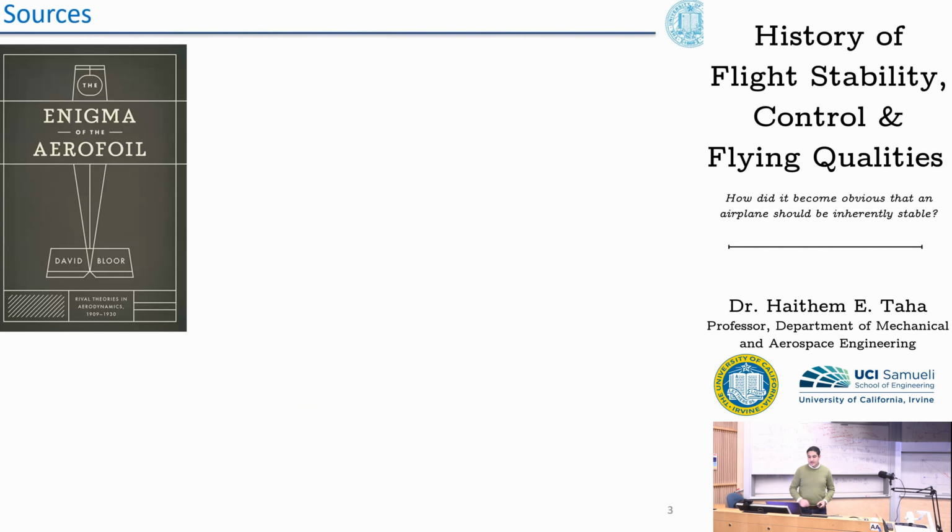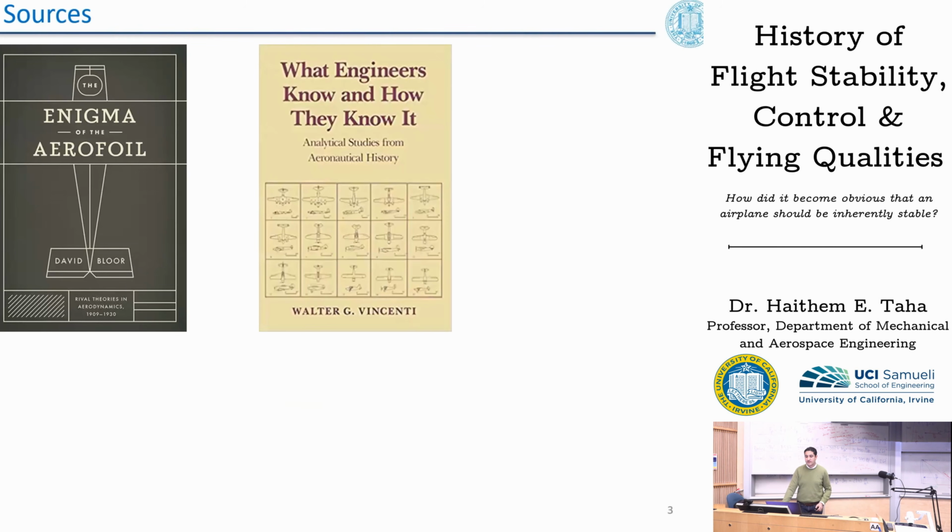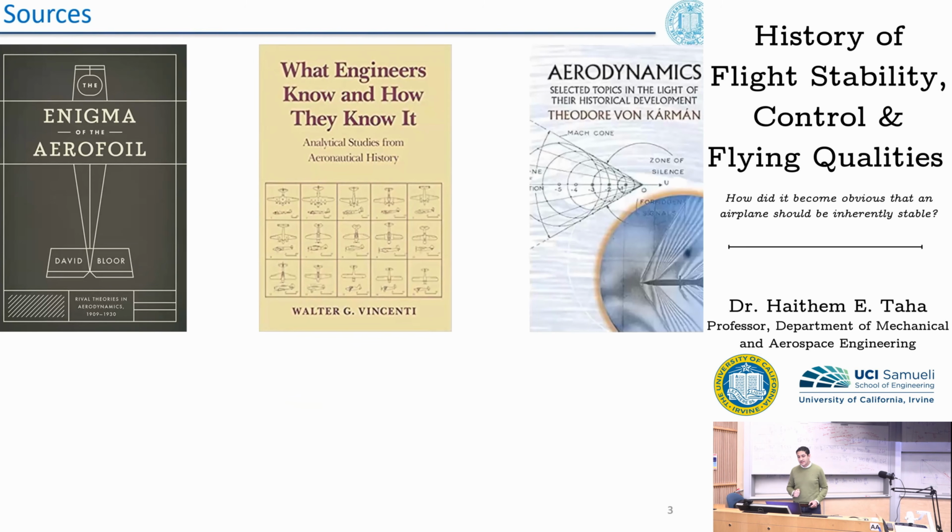So my sources are David Bloor's masterpiece, Enigma of the Aerofoil, highly recommended to every single aeronautical engineer. This is the book that I summarized in the mathematical war talk. But today I'm relying more on Vincenti's book, What Engineers Know and How They Know It.